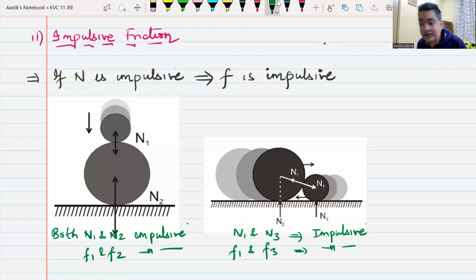Do we understand this, or has this gone above our head? Okay, so you don't have to draw a separate diagram. In the same diagram that you have already drawn, you can just write which friction will be impulsive and which friction would be non-impulsive. It's a straightforward thing.